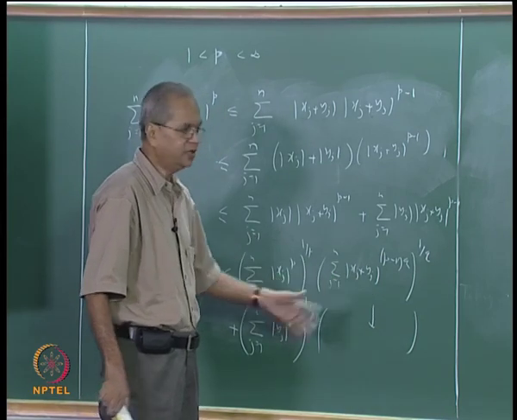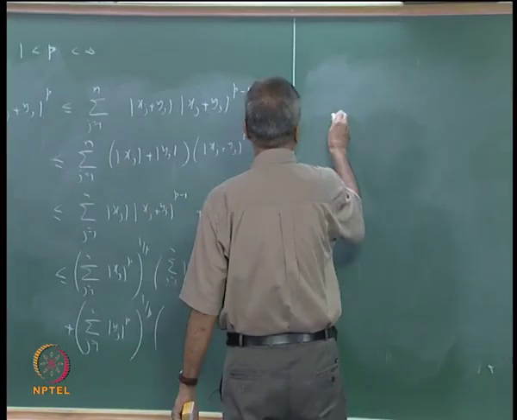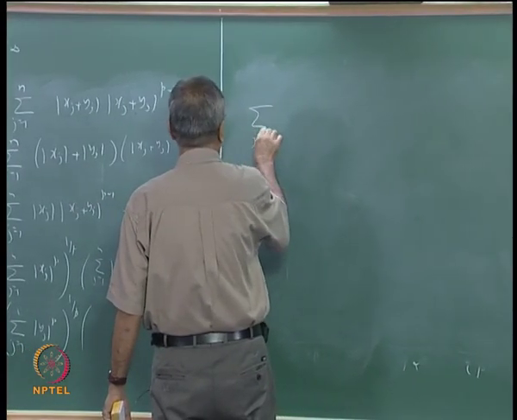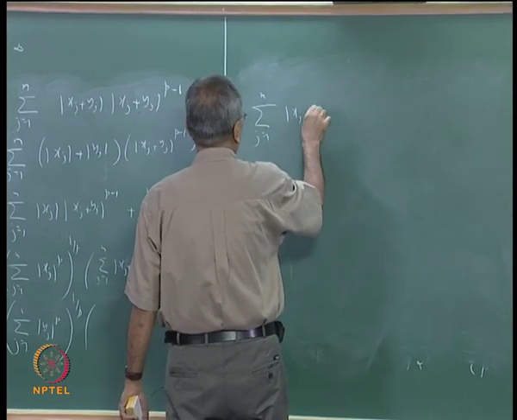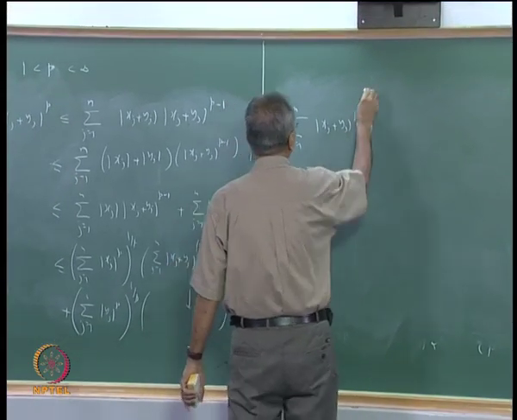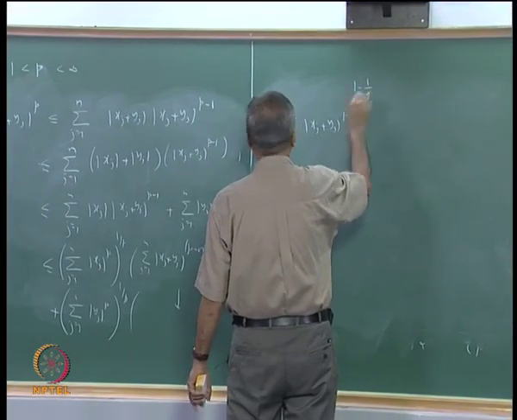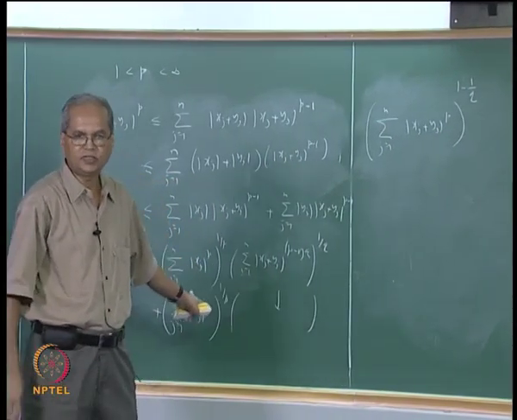So suppose I do that, then the left hand side will be sigma j going from 1 to n mod xj plus yj to the power p, this whole thing raised to 1 minus 1 by q. That will be the left hand side after dividing.